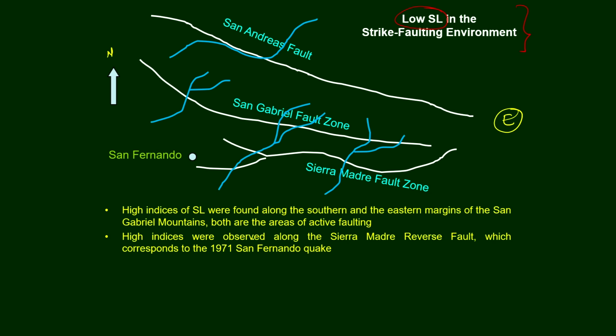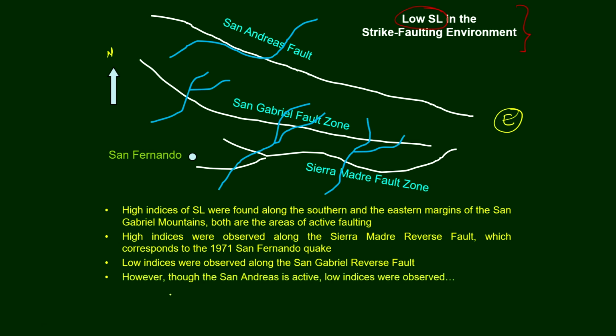High indices were observed along this reverse fault, the Sierra Madre fault region, which corresponds to the 1971 San Fernando earthquake. Low indices were observed along the San Gabriel reverse fault, this one. However, though the San Andreas is active, low indices were observed.